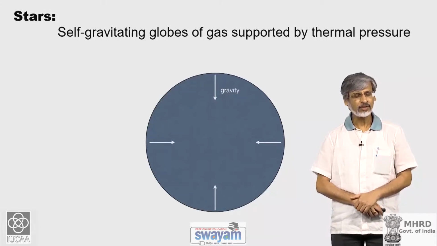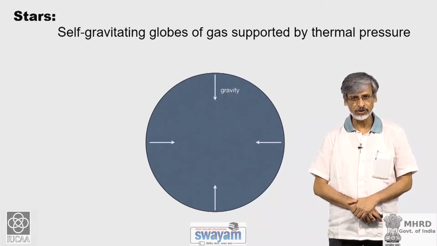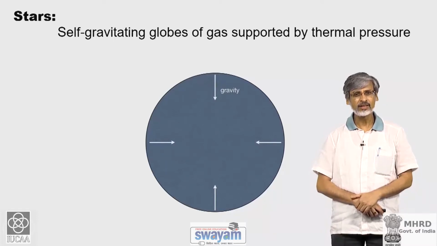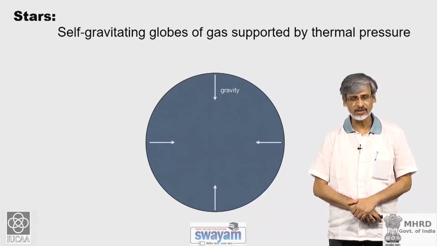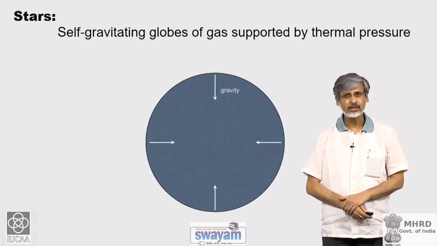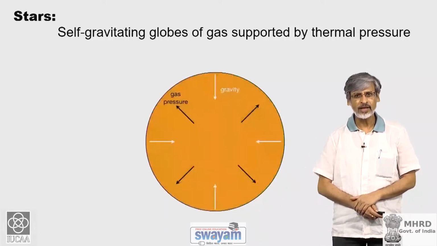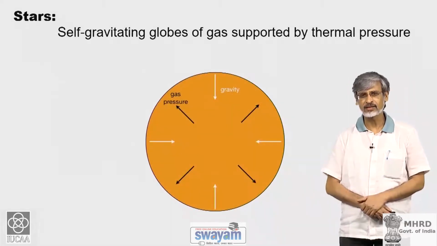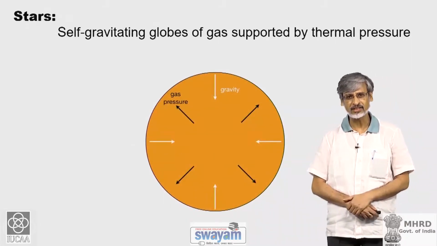But matter always tries to find an opposite force, and in the case of regular stars that we see in the sky, this opposing force comes from the thermal pressure of the hot gas that the material contains.